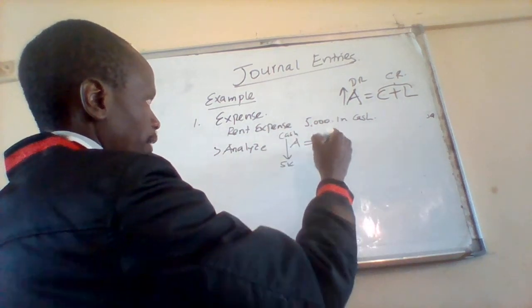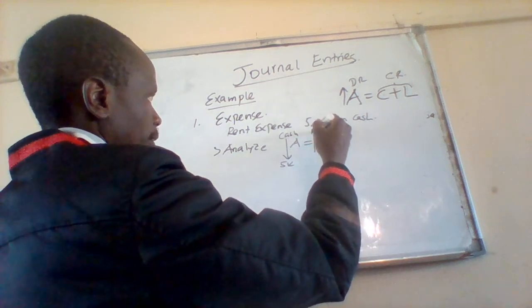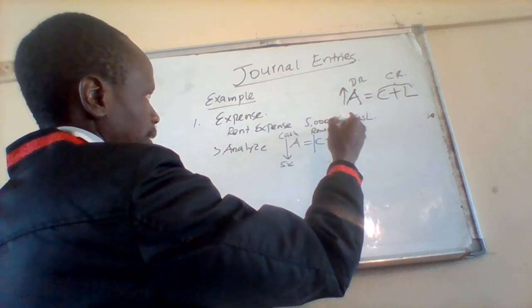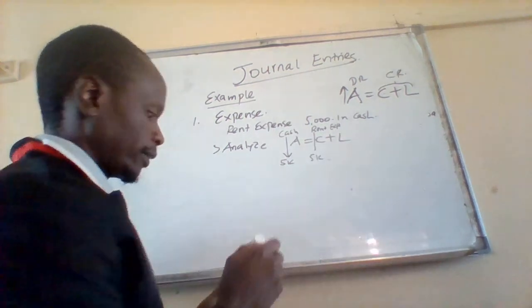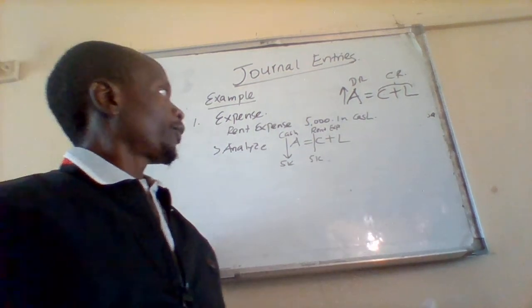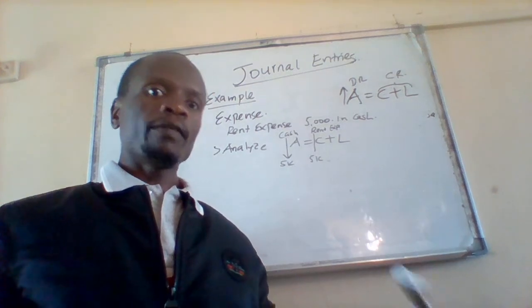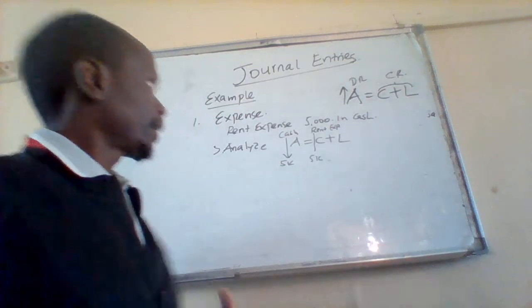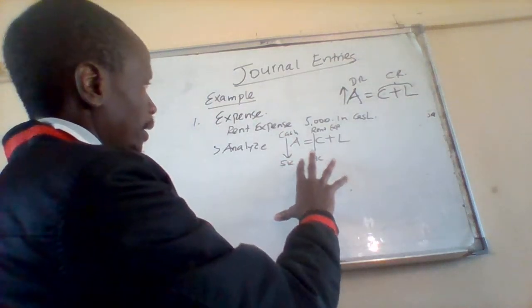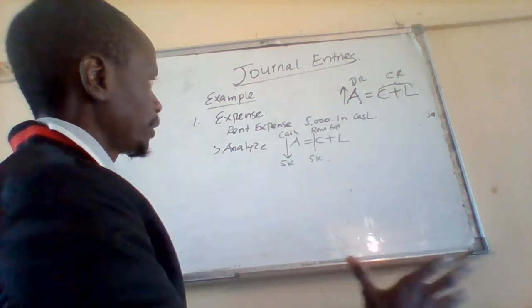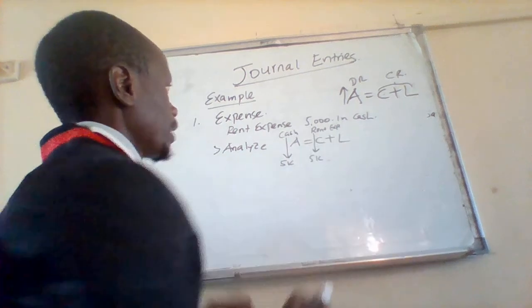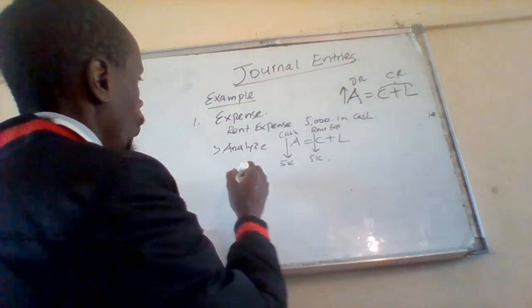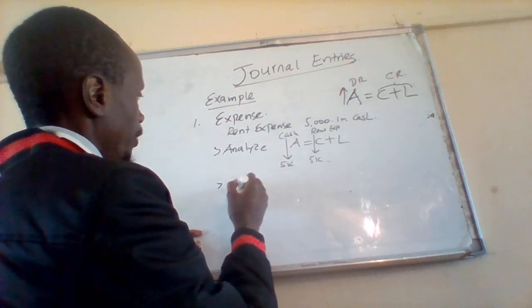So here you will have rent expense of 5,000. So the effect on the right hand side and the effect on the left hand side have balanced. So the accounting equation has balanced.